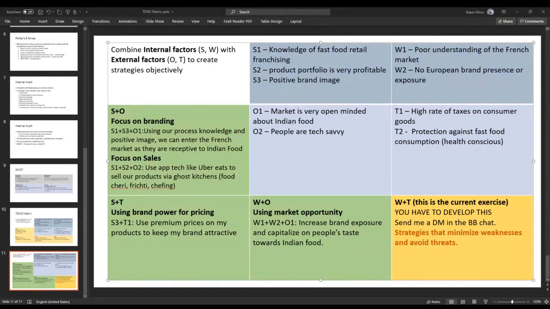Make this bigger as well. Sorry. Yeah, 16 is good. And I asked you guys to do this part on your own, the exercise.